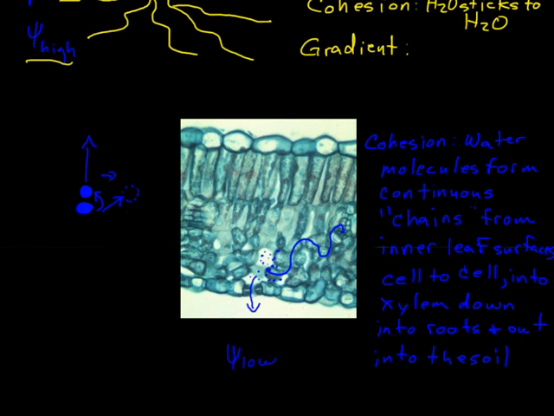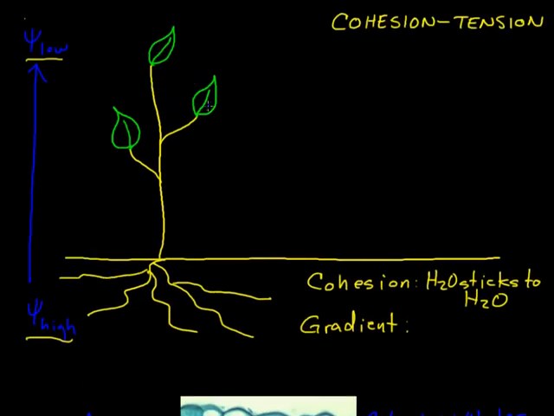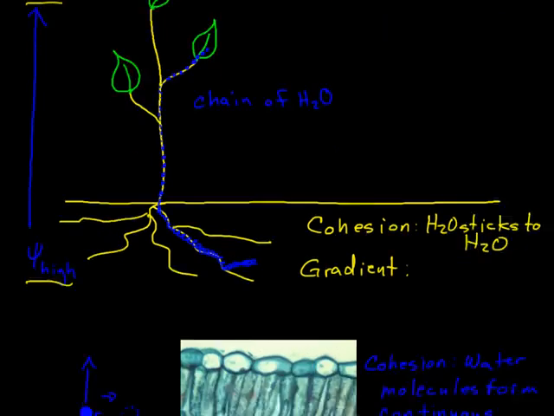And the chains continue in the xylem tubes, continuous chains down through the xylem. I'm not sure if you can see those dots or not. I'll just do it like this. And out into the soil. Okay, so there's our cohesive chain of water. And that's due to cohesion.